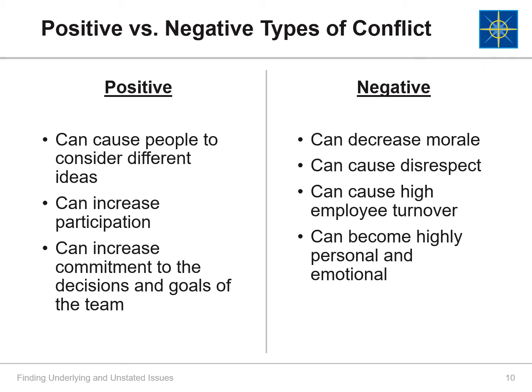Characteristics of positive conflict are: it can cause people to consider different ideas, it can increase participation, and it can increase commitments to the decisions and goals of the team. Characteristics of negative conflict are: it can decrease morale, it can cause disrespect, it can cause high employee turnover, and it can become highly personal and emotional.